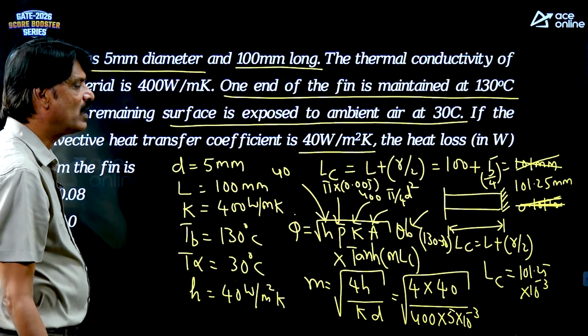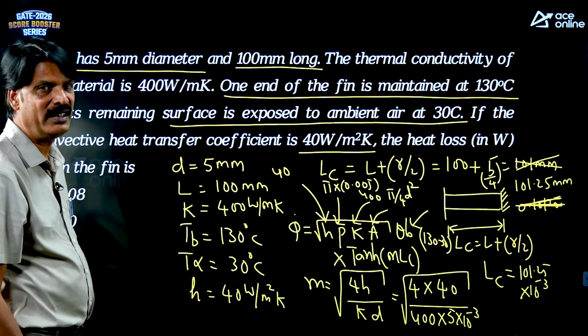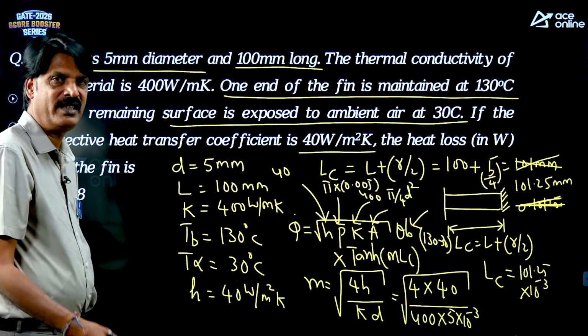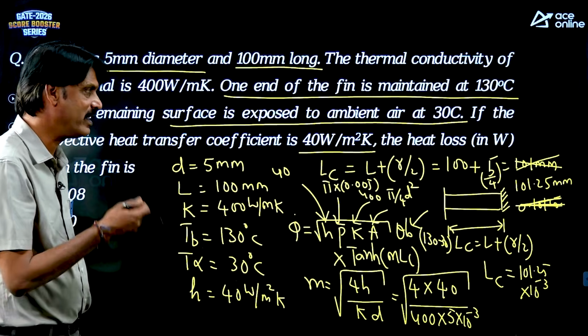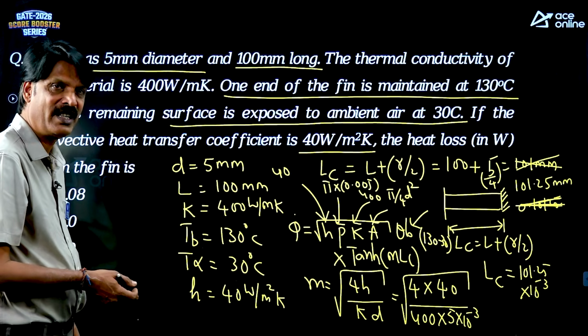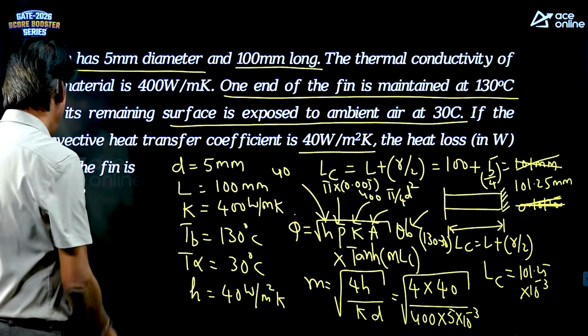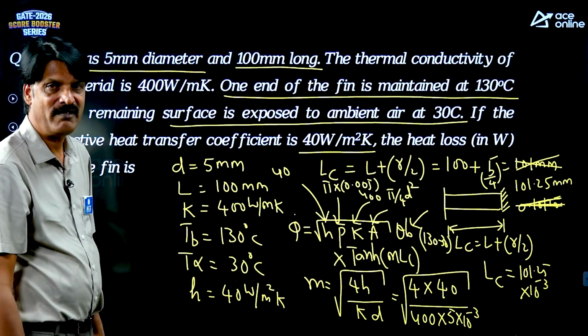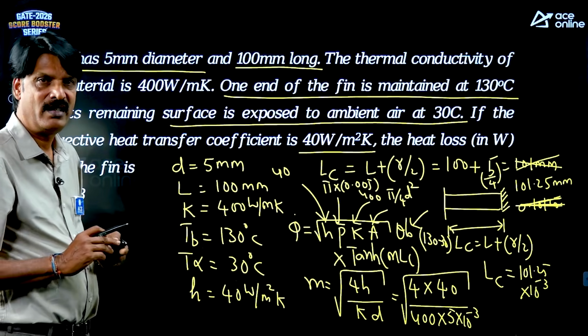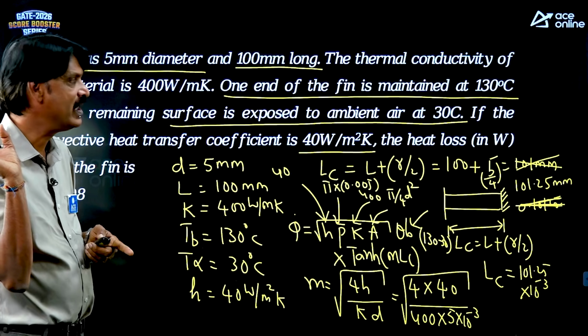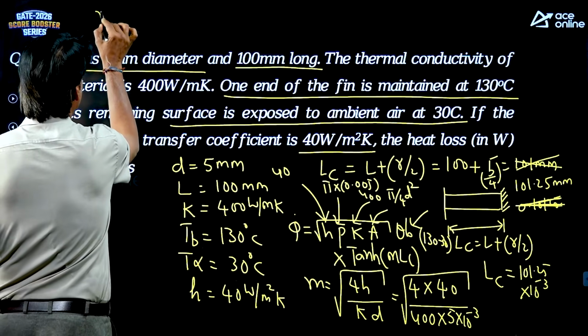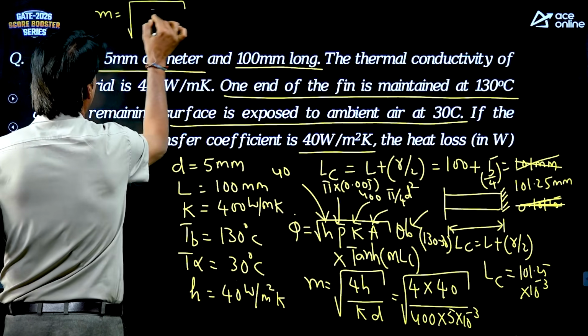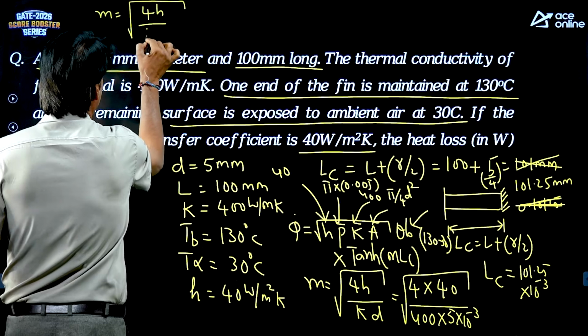So, there is nothing much difference. You can directly take it as a short fin with insulated end at its tip with the same length, calculate it and get the nearest value. Your answer will be around 5 watts. What did I do? I calculated m, first step is m equal to under root of 4h by kD.